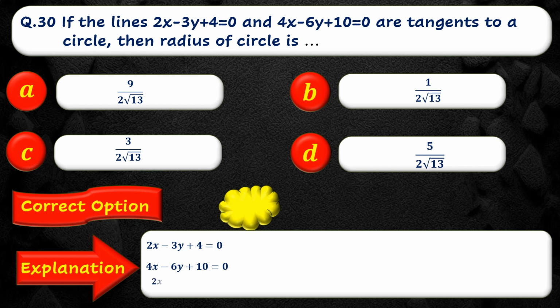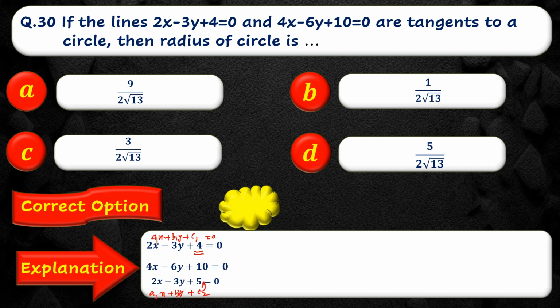Divide it by 2 and we get 2x minus 3y plus 5 is equal to 0. Now these lines can be written in general form: a1x plus b1y plus c1 is equal to 0. Therefore value of c1 is equal to 4. Similarly, a2x plus b2y plus c2, and the value of c2 is equal to 5.